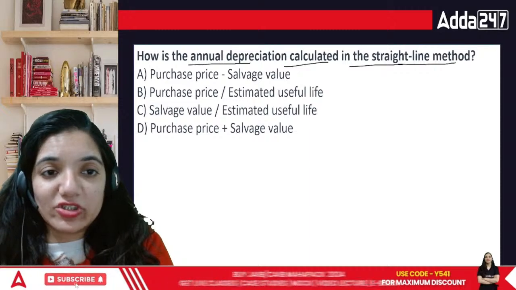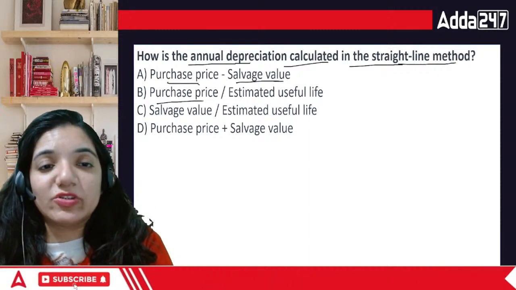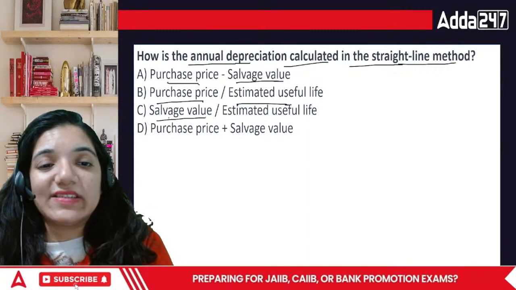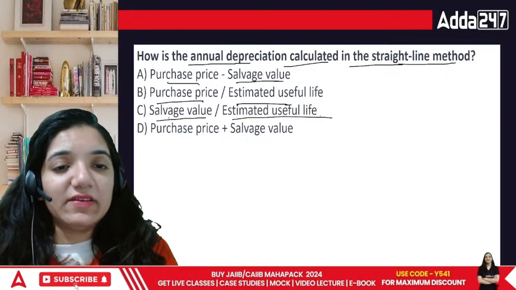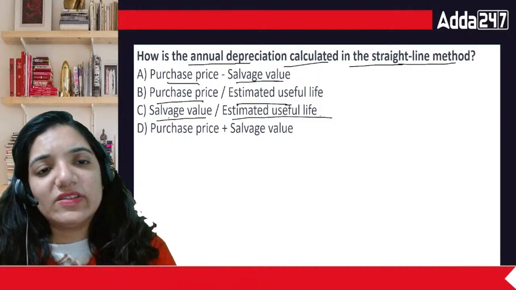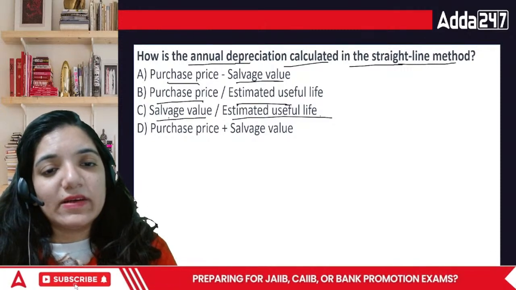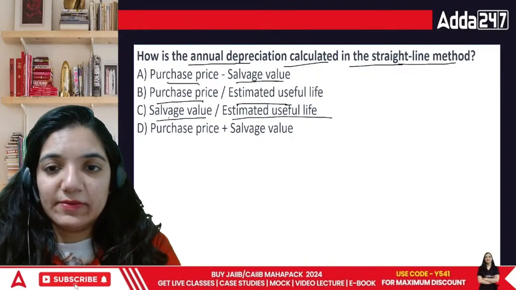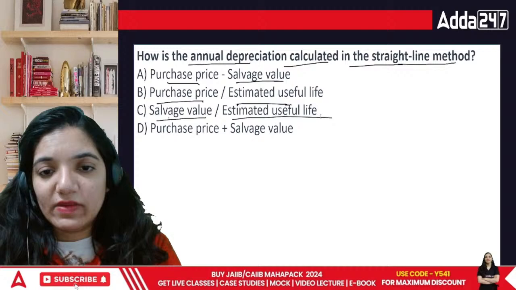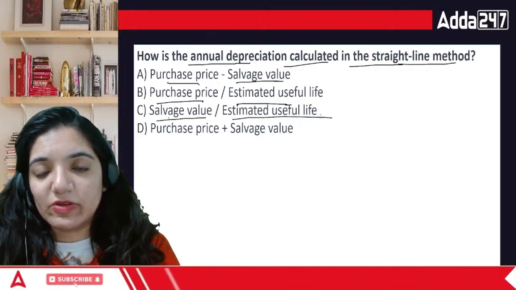What's the formula? Purchase price minus salvage value, purchase price divided by estimated useful life, salvage value divided by estimated useful life, and then purchase price plus the salvage value. What would be your answer, everyone? I think I might have to improvise the particular point.